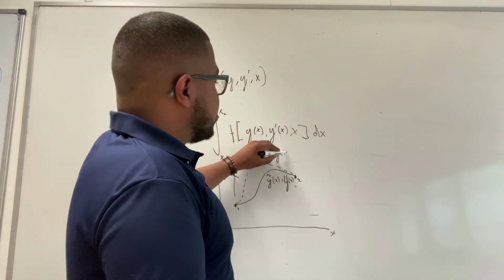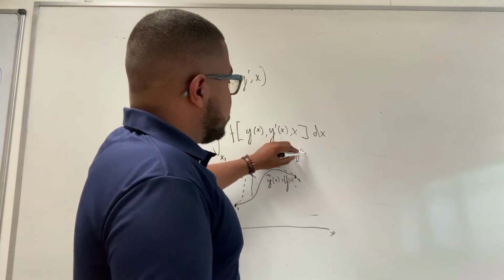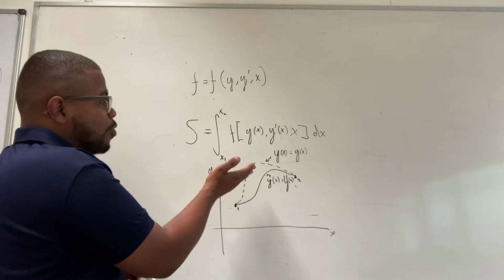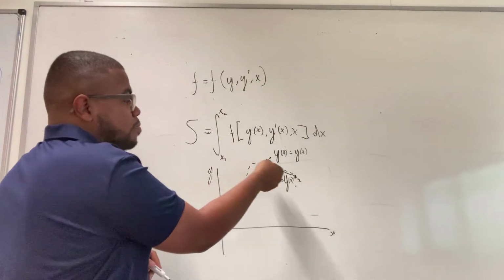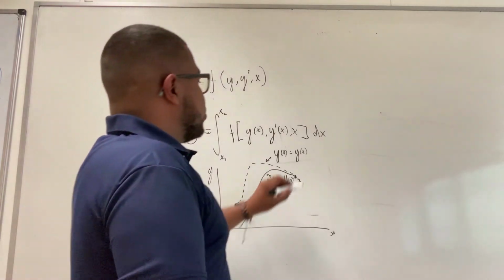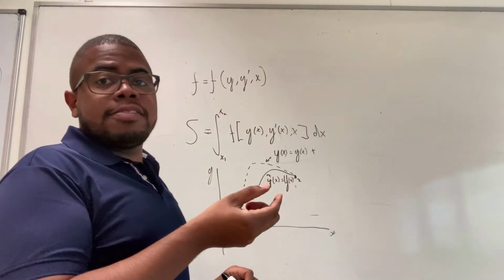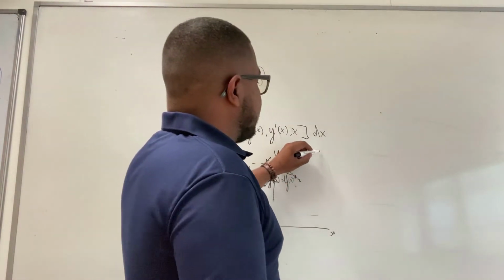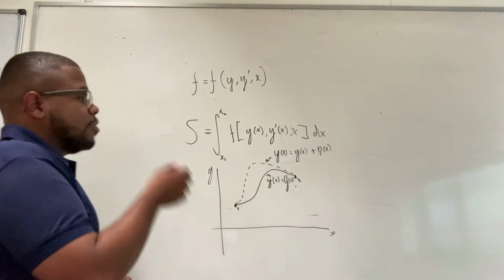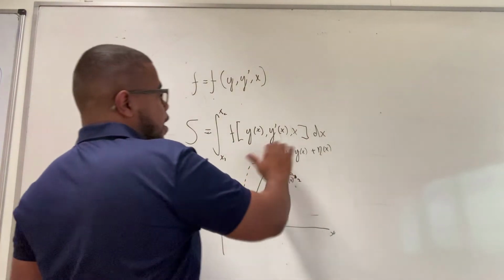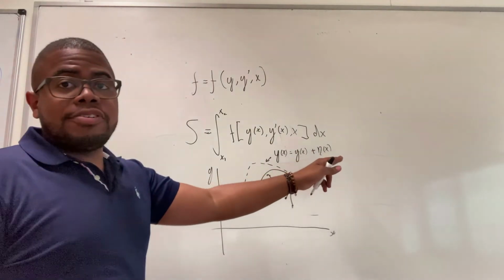So we'll still call it capital Y(x), but instead of being equal to y(x), it has an extra component which causes a slight deviation, because otherwise it would be the same path as this one right here. So it has an extra component, an extra function, which we will call eta of x, Greek letter eta of x right here. This describes any other path that could be taken. Now this eta of x right here can be anything.